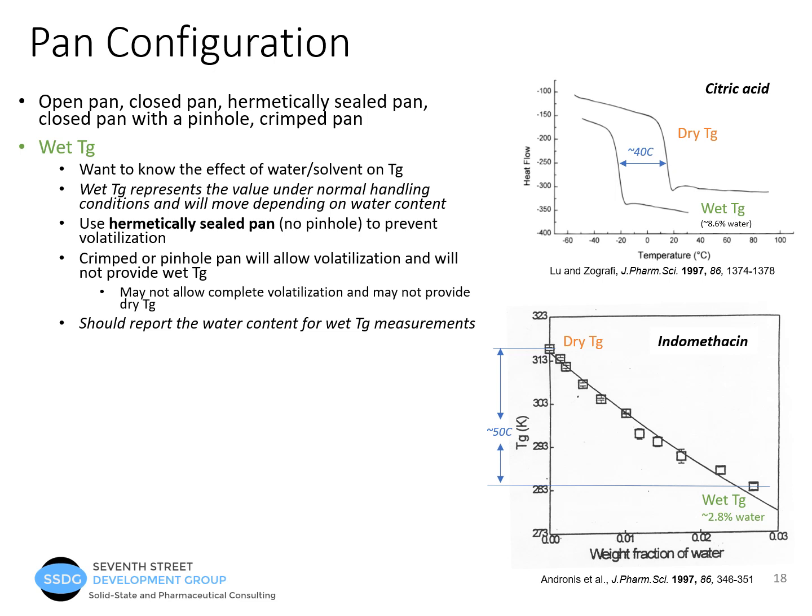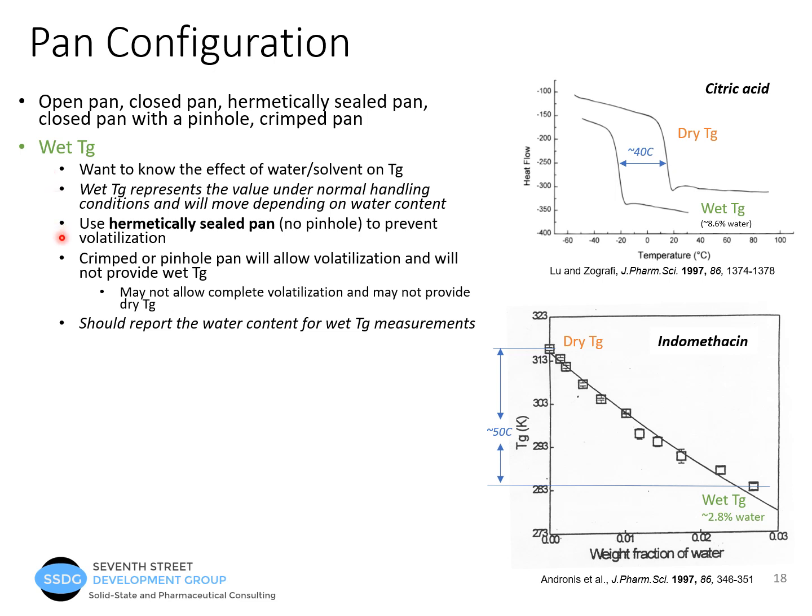When we talk about pan configuration and glass transition temperature, we need to understand how the pan configuration is going to impact our measurement. So if we want a wet glass transition temperature, we want to know the effect of the water or the solvent on the glass transition temperature. As we said, this will decrease our TG significantly.